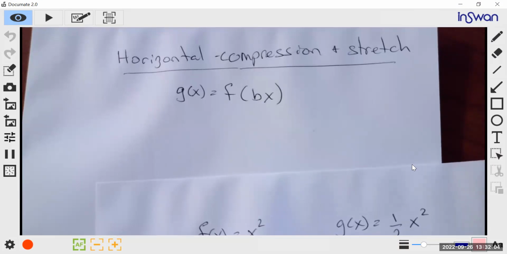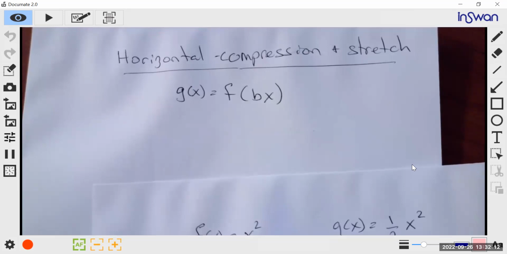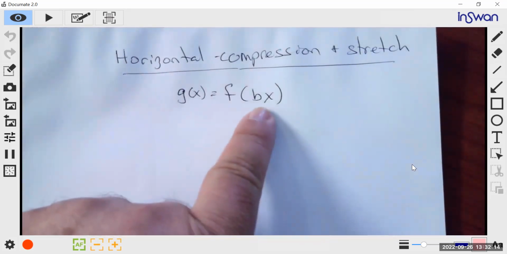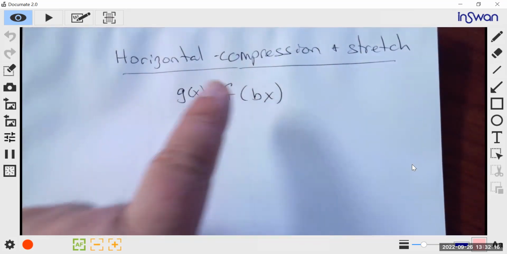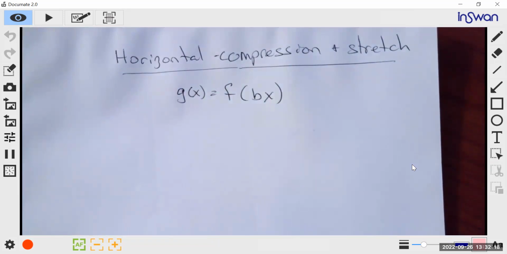A, B, C, or D? C. Horizontal shifts are C. It's inside the function. Horizontal shifts always happen inside the function, whether it's a compression, stretch, or a shift. Vertical compressions, stretches, and shifts happen outside the function.